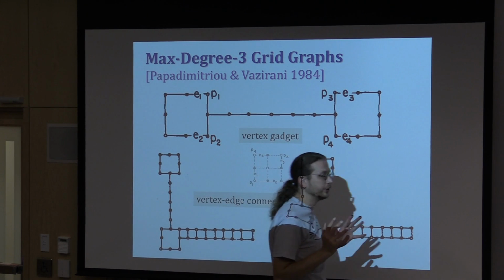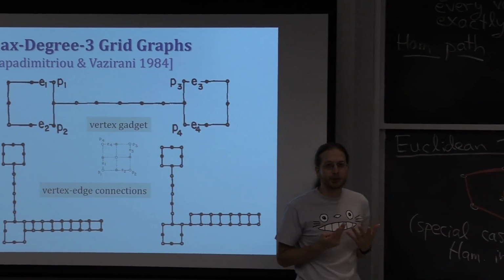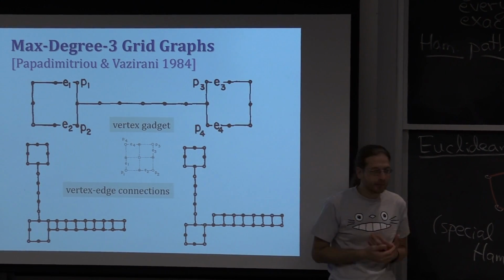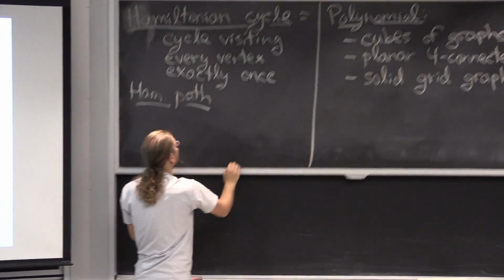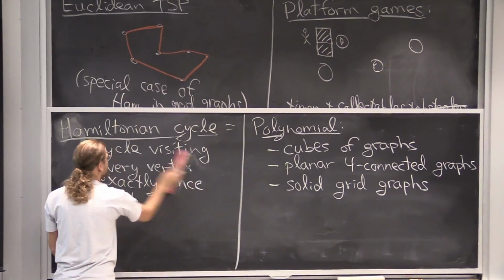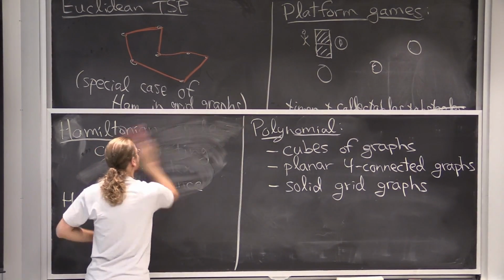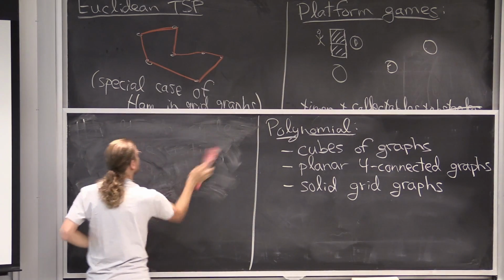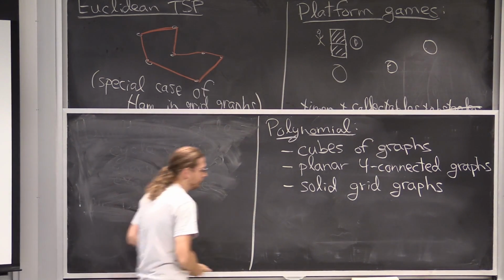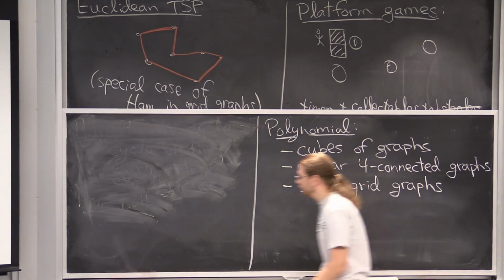Now, for a degree 3 vertex, this is a little bit troublesome. Remember our picture. What do degree 3 vertices look like?